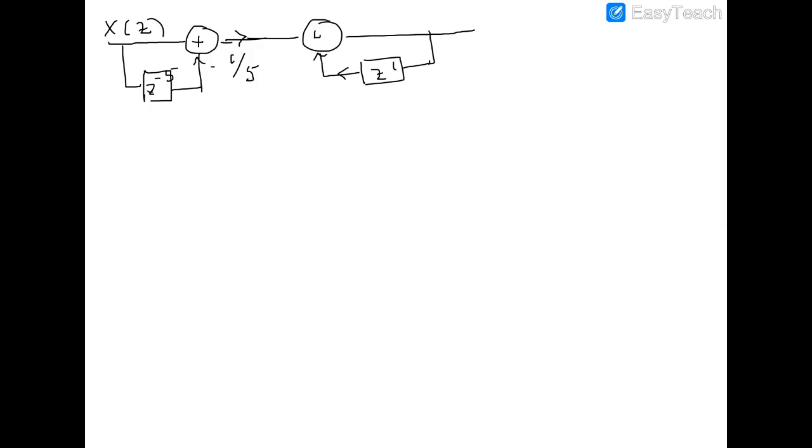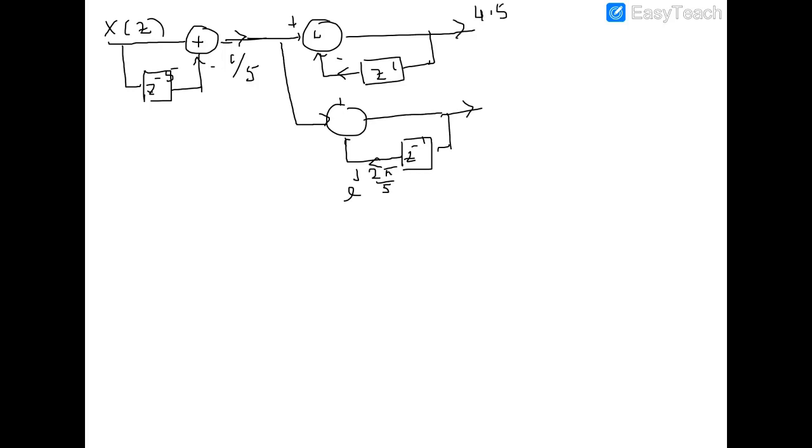I am realizing now H2 of z. It has to be multiplied by e to the power j 2 pi by 5, and 4.5 is the gain. Here the gain is 0.5 at an angle of 0.628.